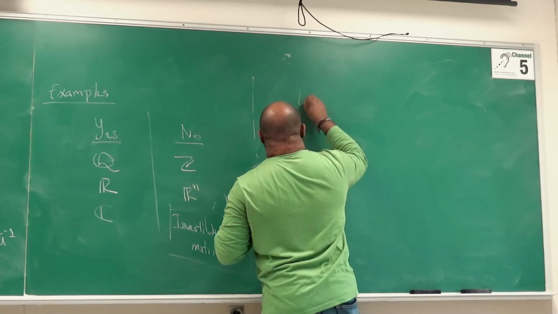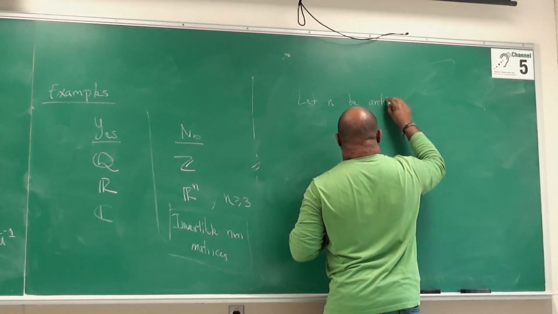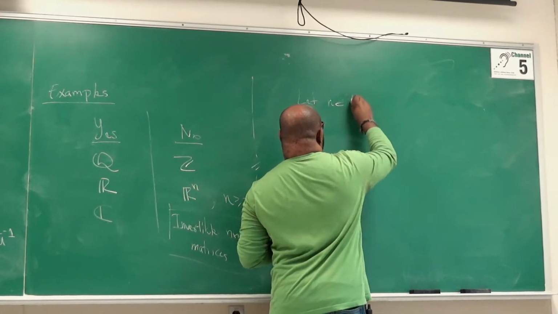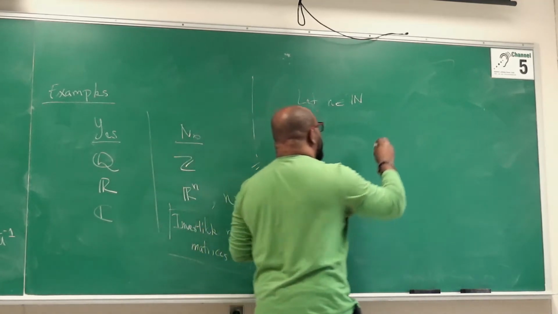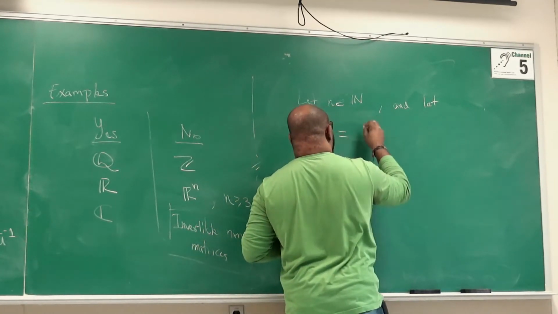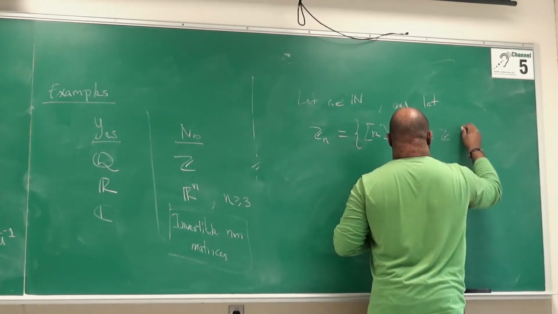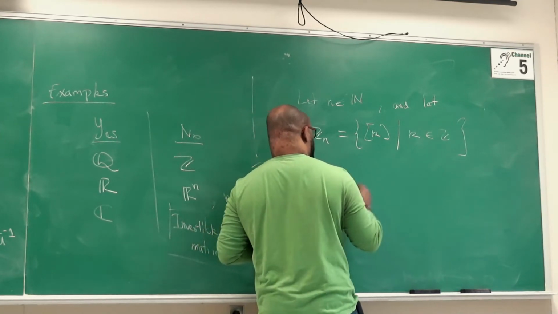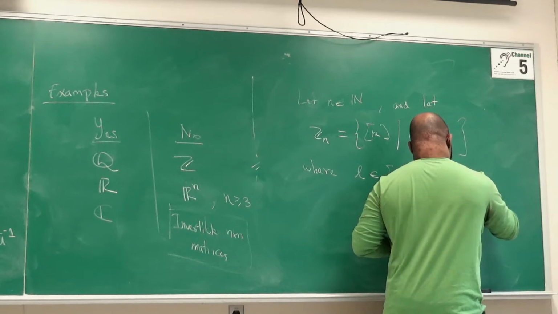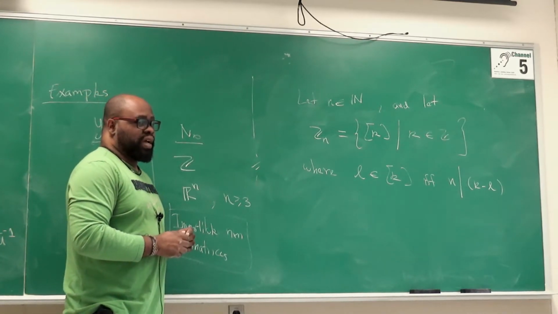So as before, let n be a natural number, and let Z mod n be the collection of equivalence classes where L is equivalent to K if and only if n divides K minus L. So equivalence is modulo n. Correct?